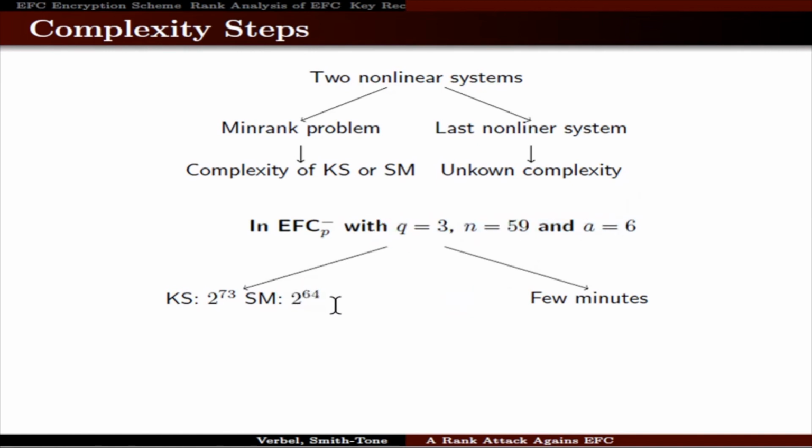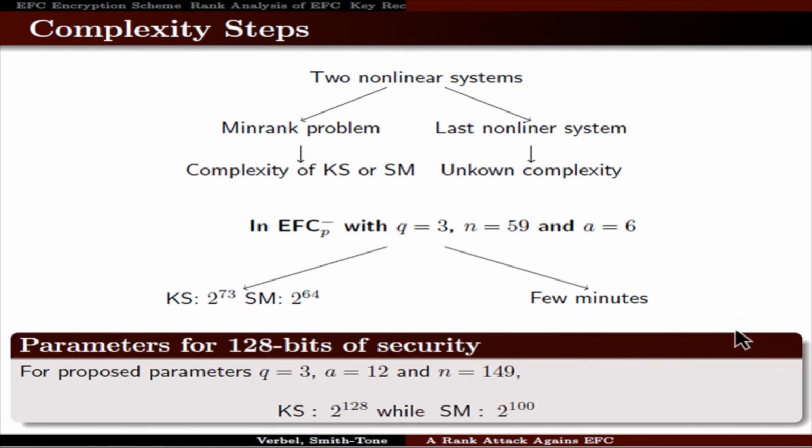Also, in our paper we estimated what the parameters would be for getting 128 bits of security for this scheme.